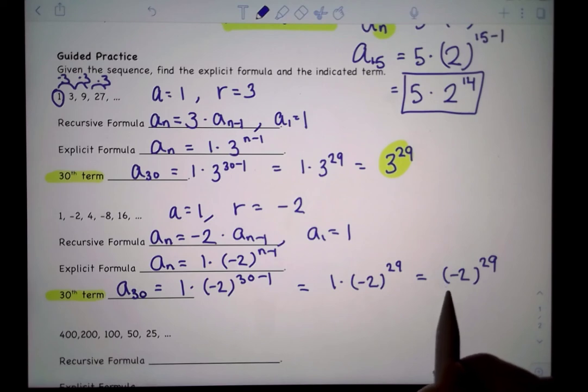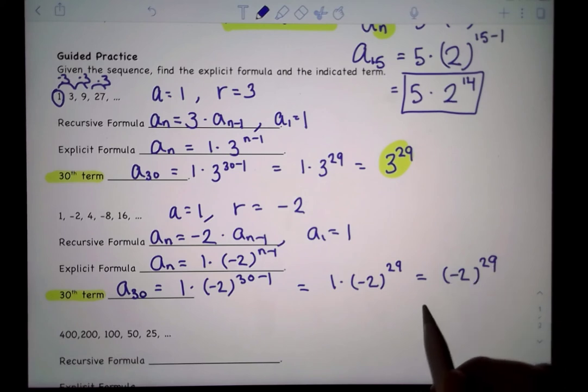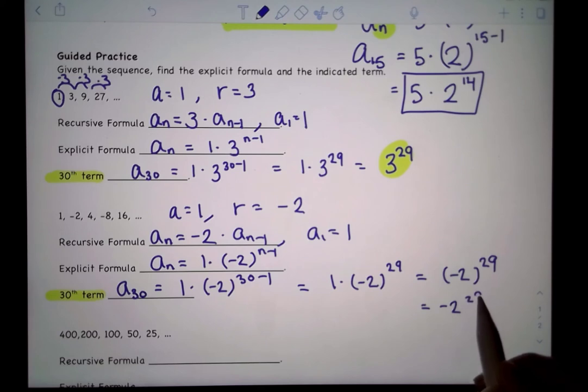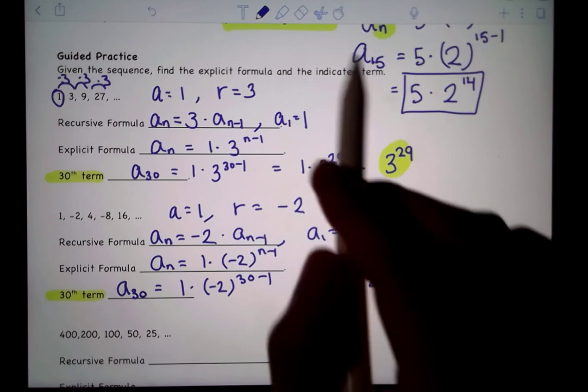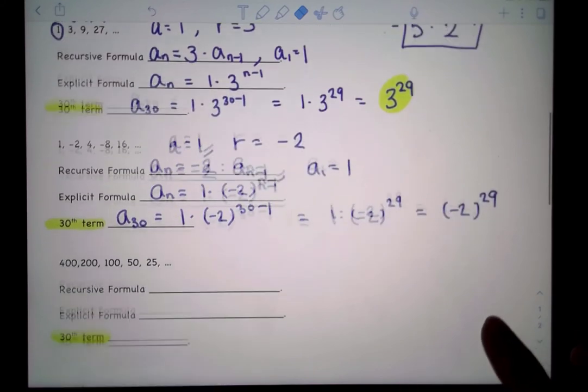Can you get rid of this parentheses? No, because of the negative, right? And then it's an odd power. So actually that's the same as negative 2 to the 29, like that. But what if that was even? Then you need to get rid of this negative number. So to be safe, we do not do anything. Just keep it like that, all right?